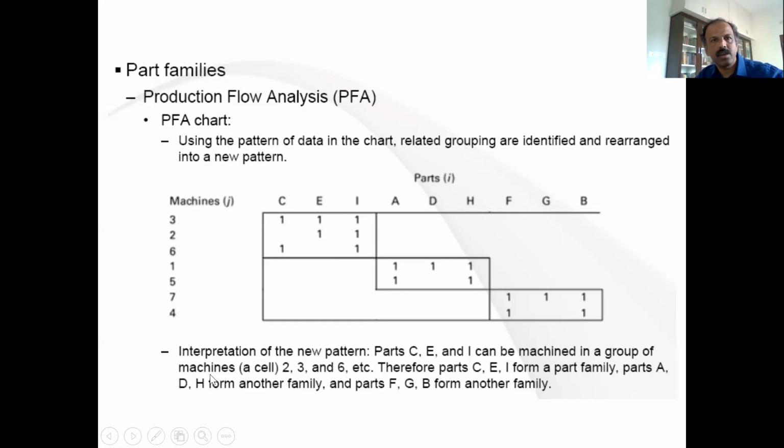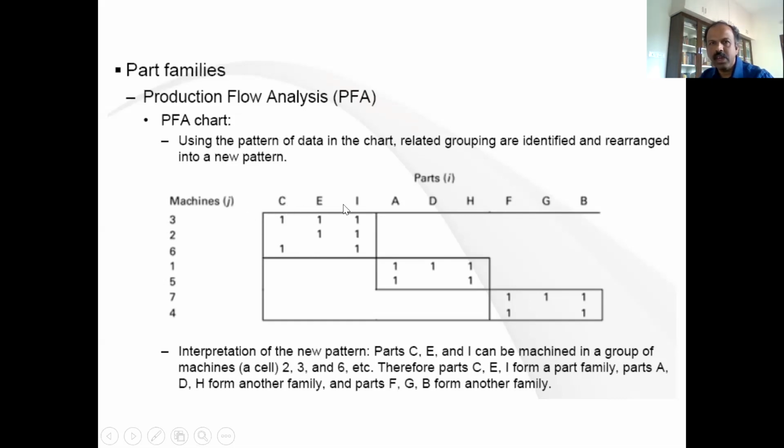Now you can observe that using this pattern of data in the chart, related groupings are identified and rearranged into a new pattern. It is the interpretation of the new pattern. Parts C, E, I can be machined in a group of machines, which is 2, 3, 6. Therefore, this forms what is called a cell. This cell of 3 to 6 is capable of producing CEI only.